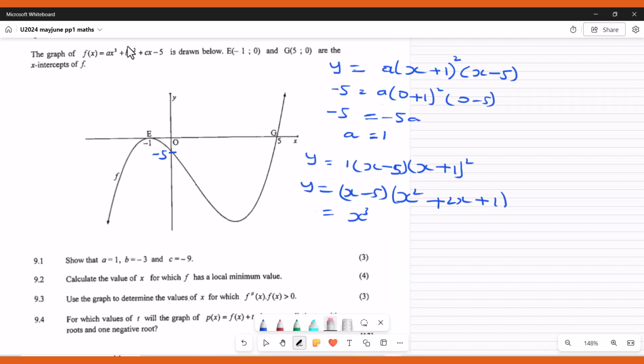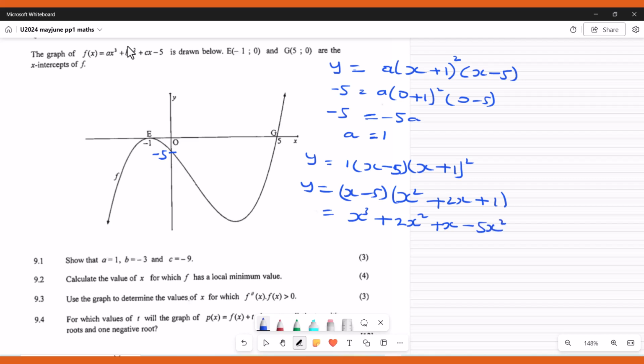After multiplying, x times x squared I must get x cubed. Then x times 2x gives me 2x squared. Then x times 1 gives me 1x. Then negative 5 times x squared gives me minus 5x squared.